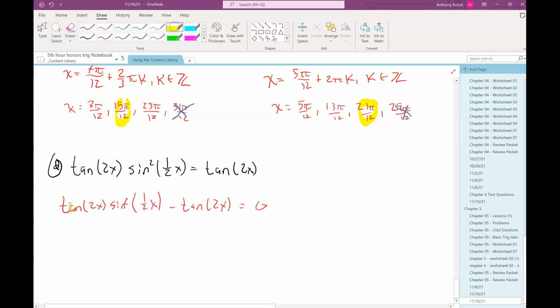I see a greatest common factor. So yes, I'm going to factor, but not like a quadratic. Instead, I'm just going to take the greatest common factor off and do that.